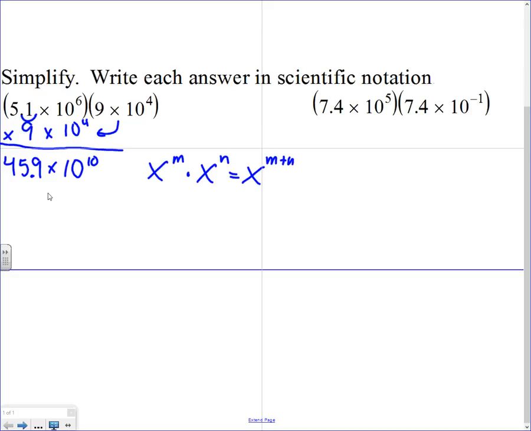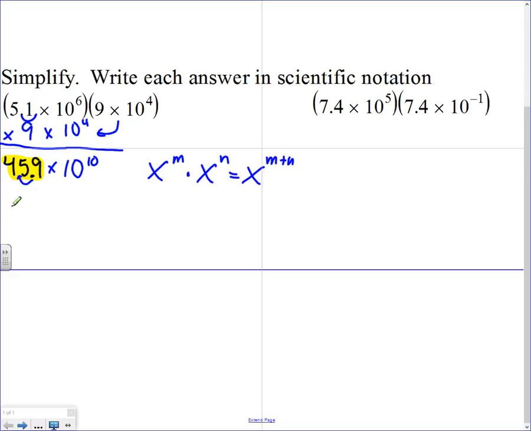Same idea right here. Now, that is the answer that we got, but the number has to be in scientific notation. What's wrong with this is that 45.9 is not between 1 and 10. So what you have to do is move the decimal one place in this direction.